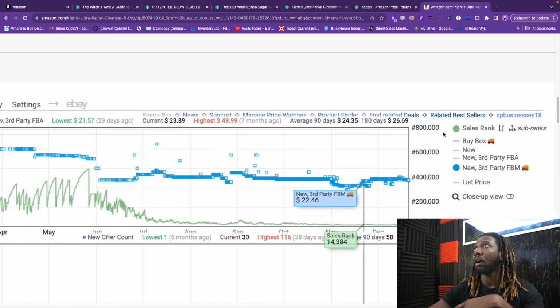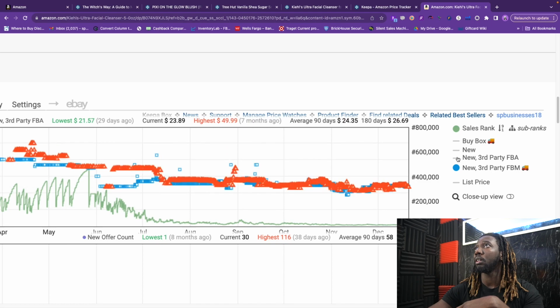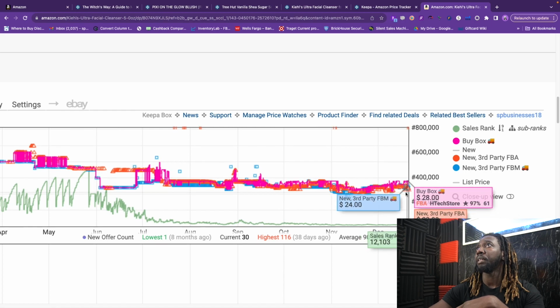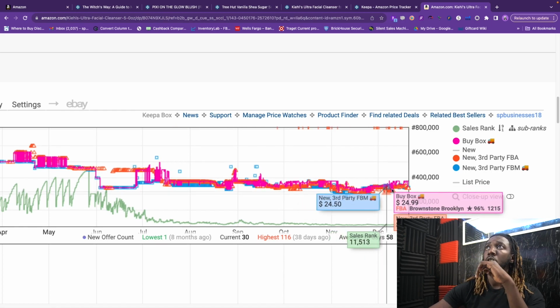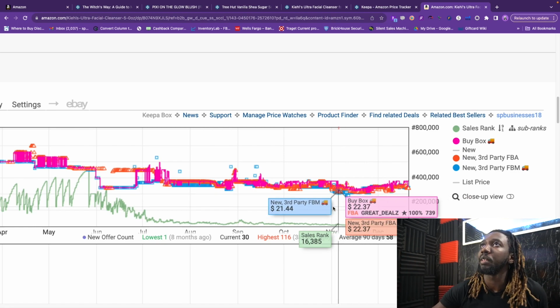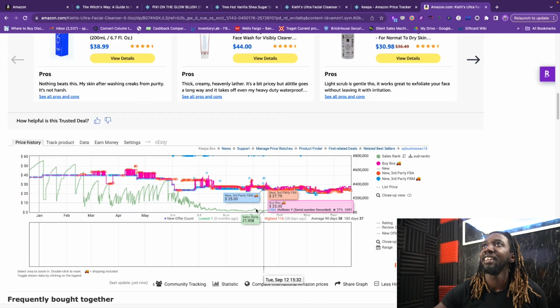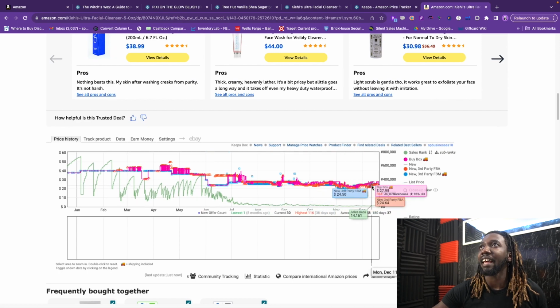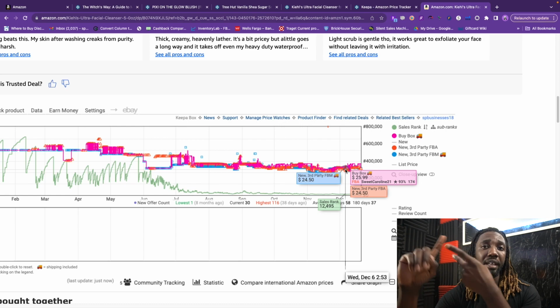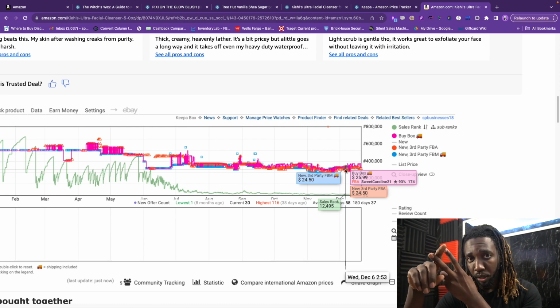So now with everything enabled up here in this top chart, with the buy box, the FBA, FBM, you'll be looking at something like this, right? This is pretty heavy sales activity going on here with the buy box. You have the FBA and FBM sellers. Anybody could win the buy box.